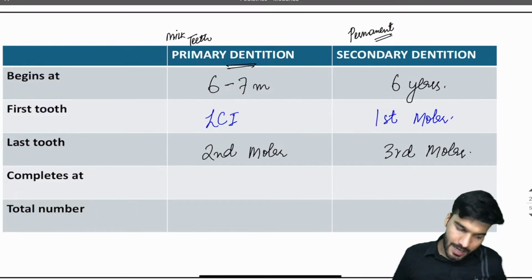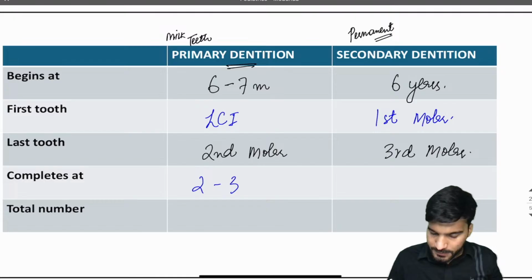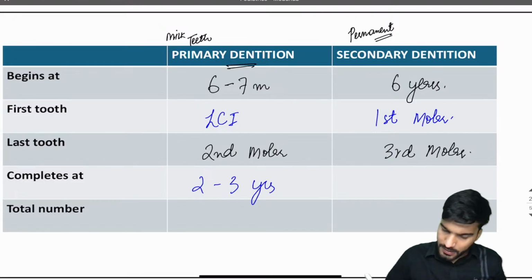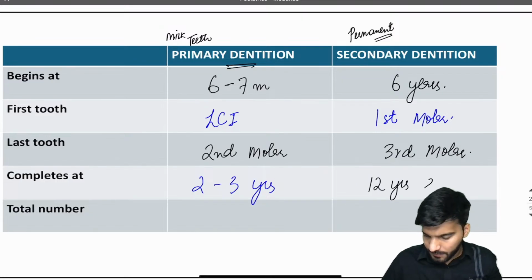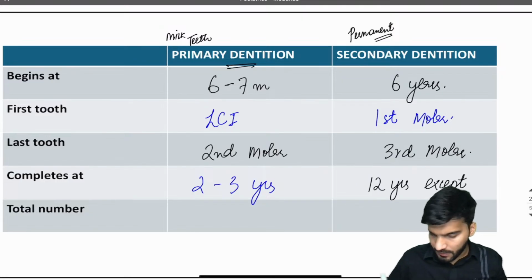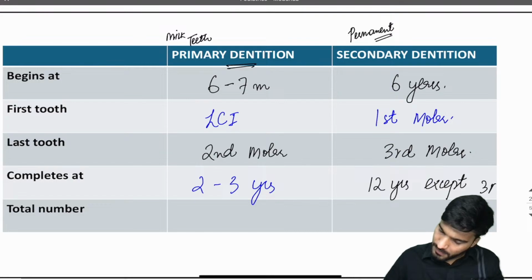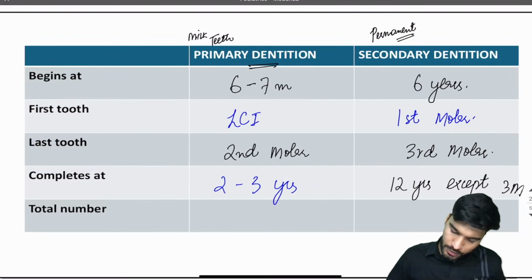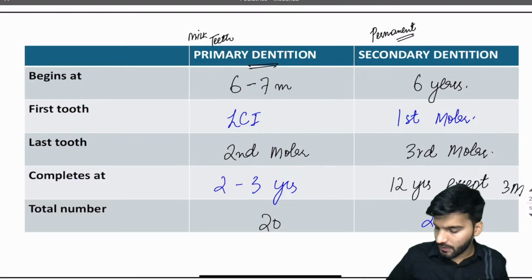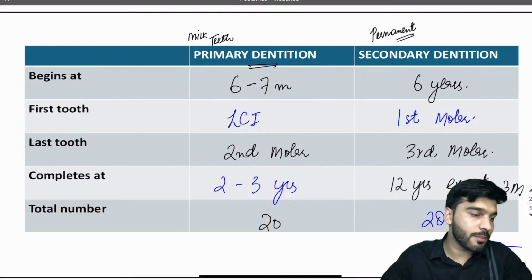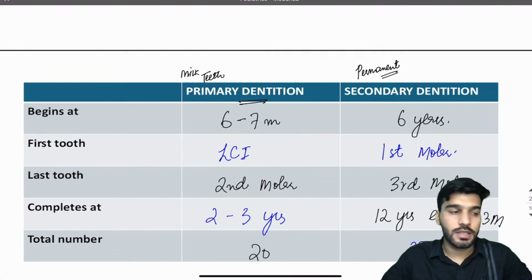Primary completes at 2 to 3 years, and secondary completes at 12 years, except the third molar. The total number is 20, and the total number is 28 to 32.